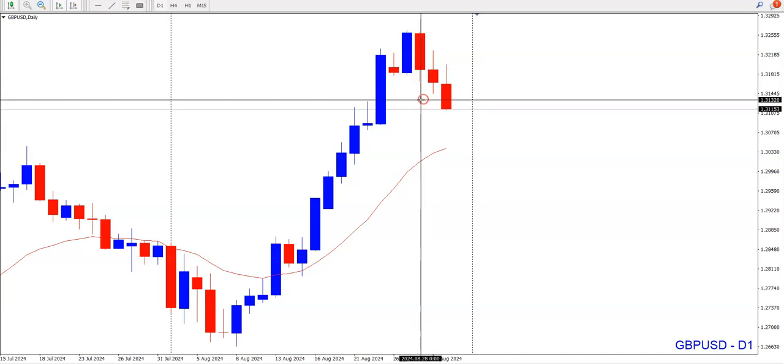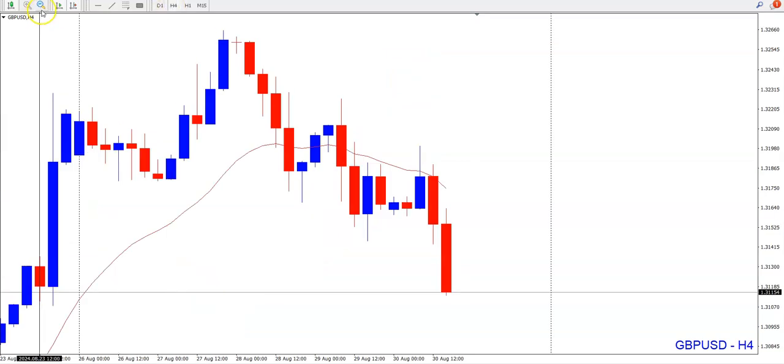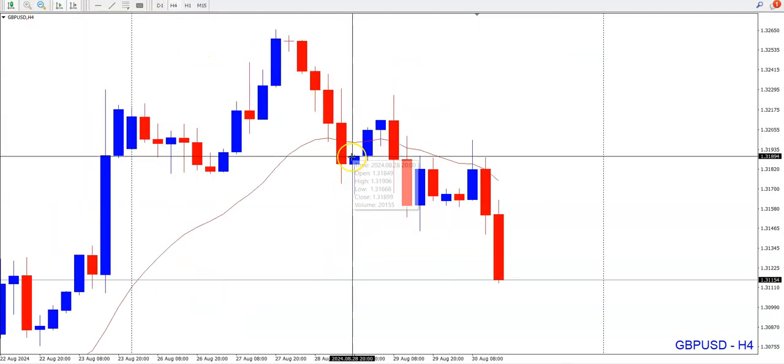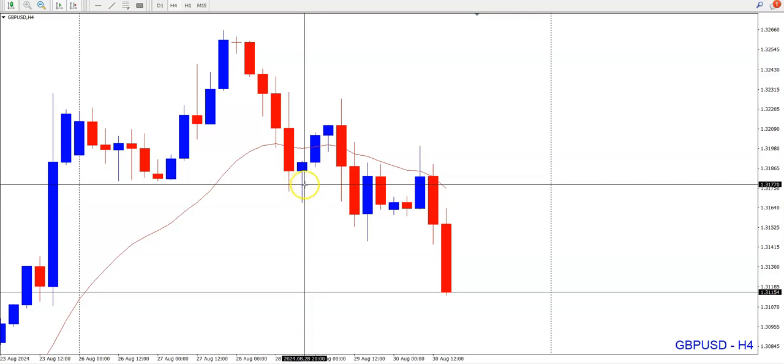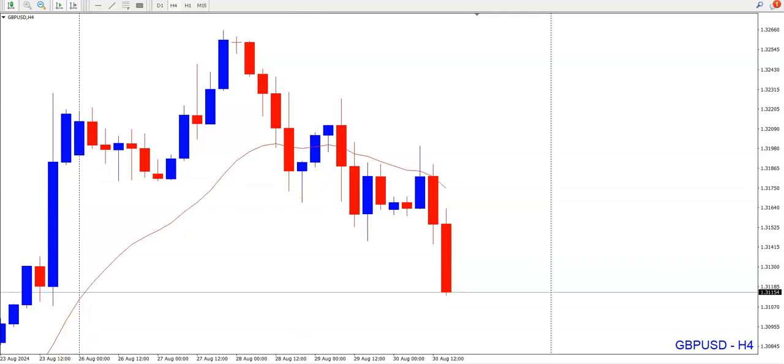So this is the candle that closed on 29th of August. And if you go to the 4-hourly time frame, the 29th of August is of course here. So at that point of time, if you just follow the price action on the 4-hourly, we can see that the market was in the bullish structure.